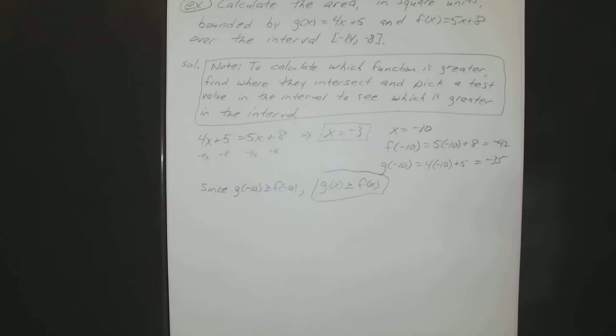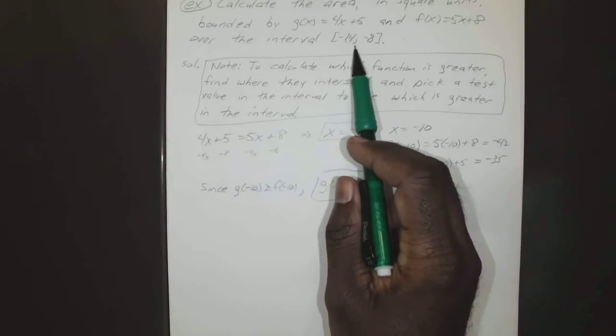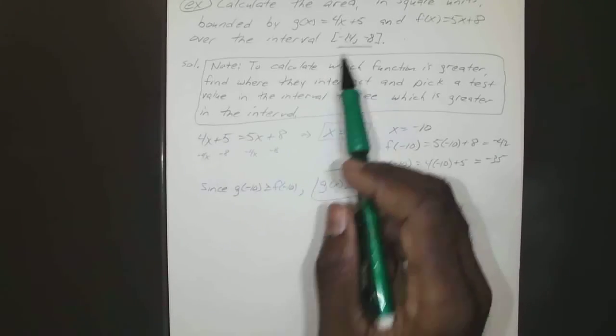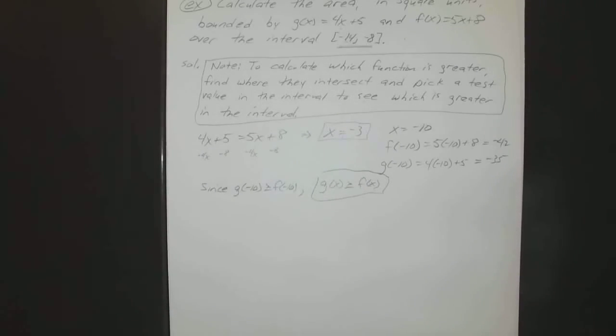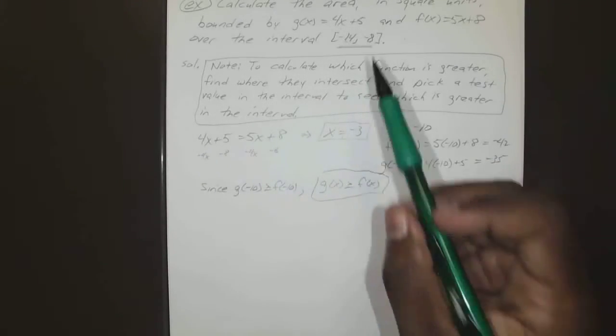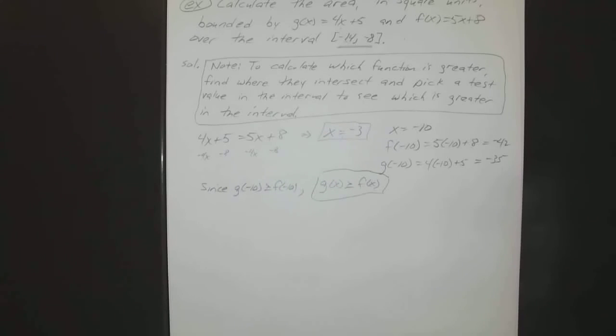So do you always go to one side or the other, or do you just pick either side? Because that's where the intersect is, at -3. You pick -10, but does it matter whether you go -10 or actual 10? I just picked -10 because it's in that interval. If you can pick a point in there, because it's linear, and f of x is above g of x at this point, then it's going to be over the whole thing.